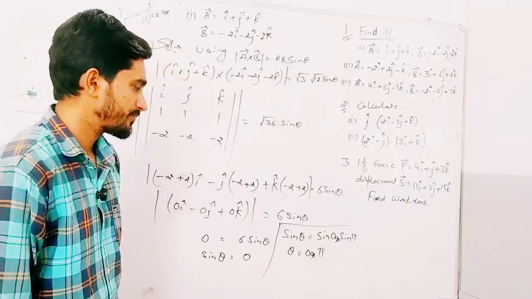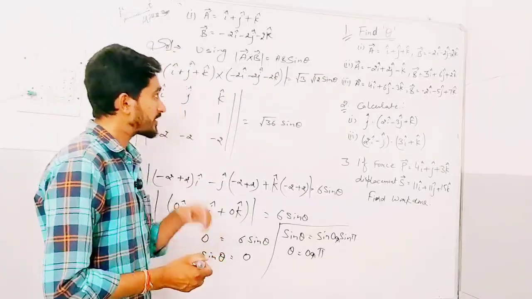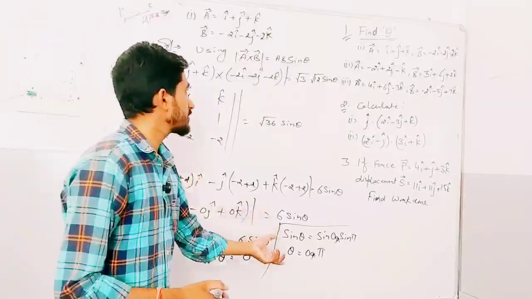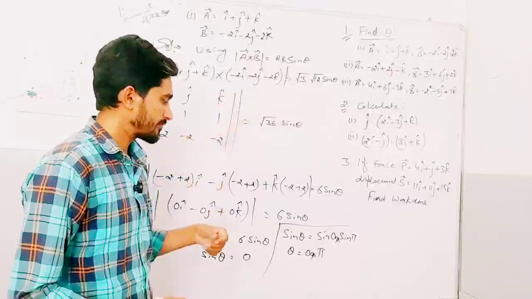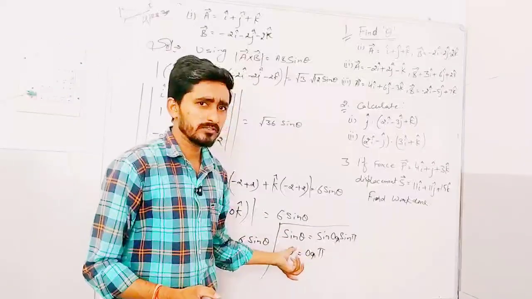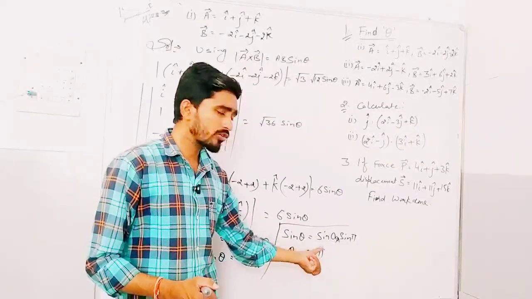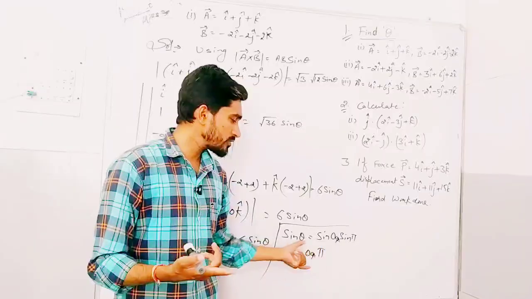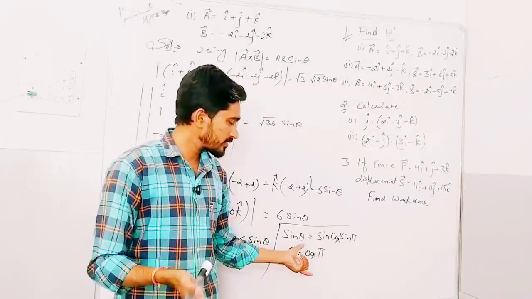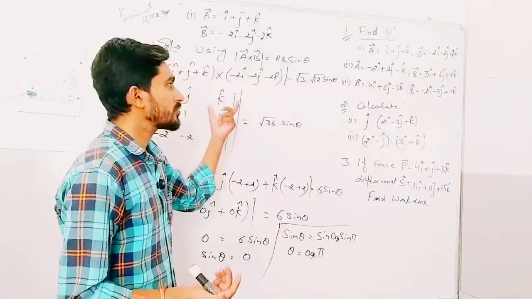We can confirm it later with the dot product. We have two values of theta here, 0 or pi. Which one is correct? We have to confirm it with the dot product.